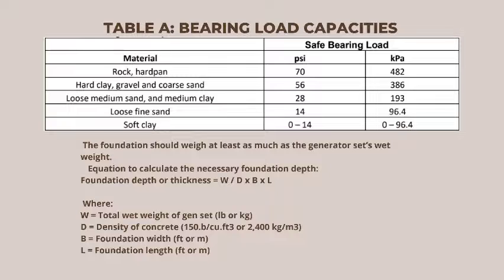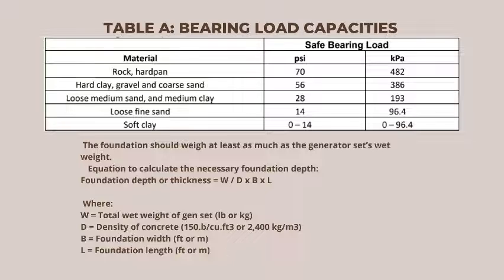Table A, bearing load capacities. So, here in this table, shown are the materials and safe bearing load. In materials, rock hard pan is 70 in PSI and 482 in kPa. Hard clay, gravel and coarse sand is 56 in PSI and 386 kPa.